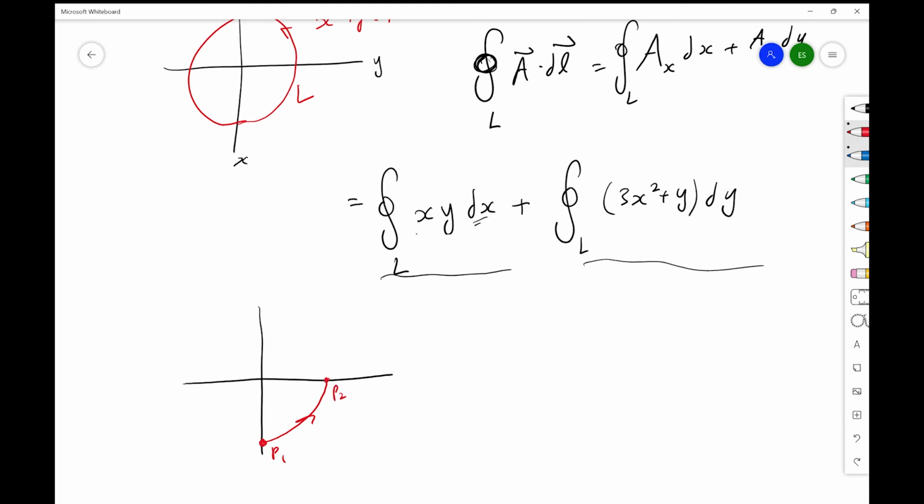And then I can integrate along this arc. So this is the simplest way of achieving this integral, right? P2 to P3. And then I integrate along this arc, P3 to P4, and then I integrate along this arc.